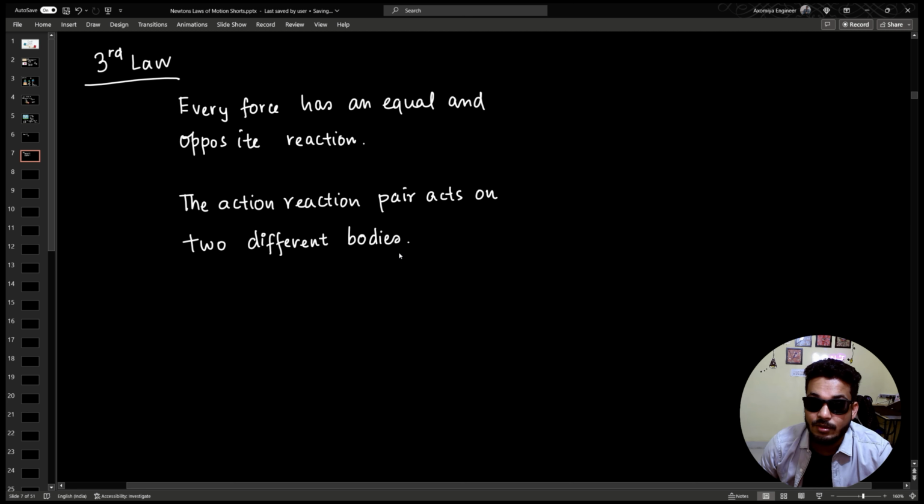Now what are action reaction pairs? Like I was talking about, if you essentially apply a force by your hand, I'm going to try to make a hand.